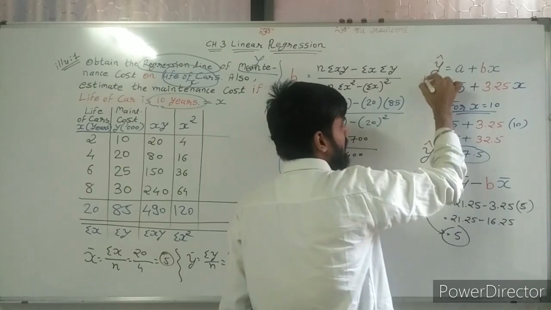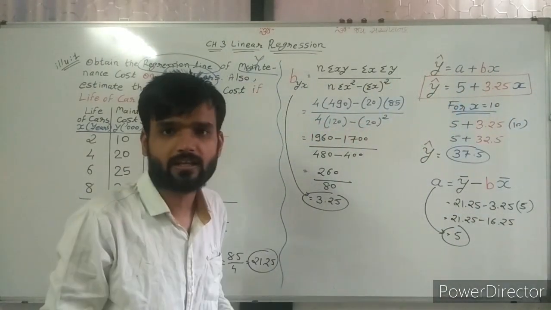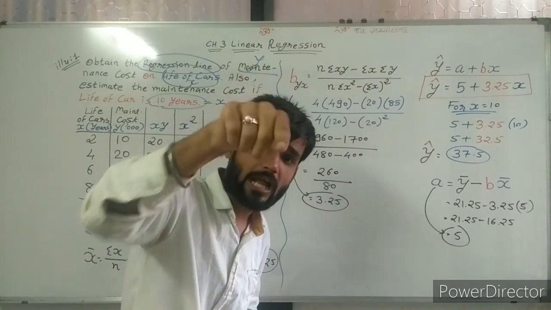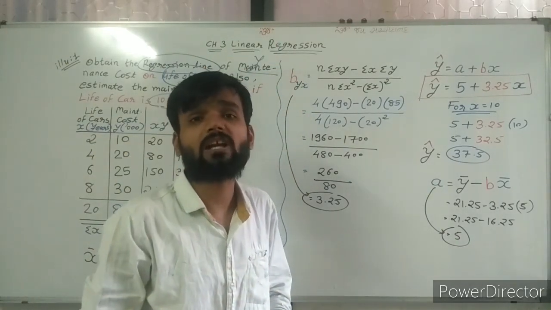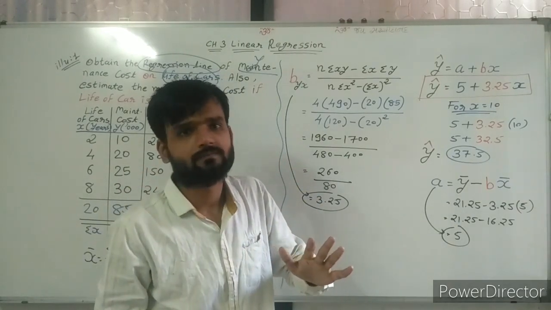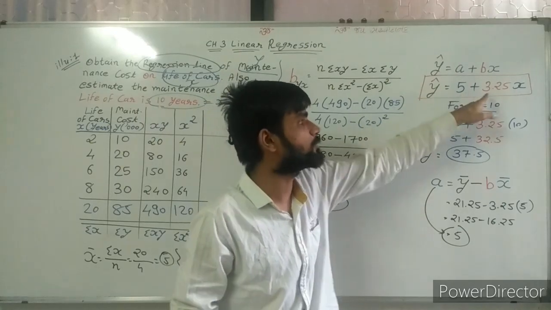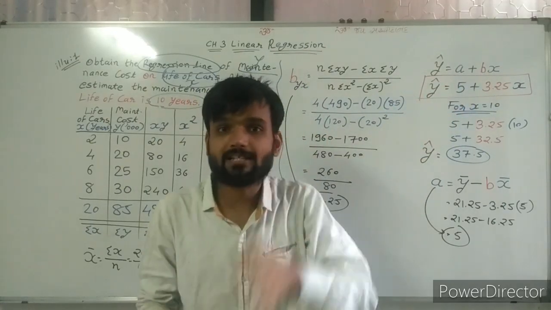Same way here, the regression line, y cap is equal to 5 plus 3.25x. And this is my regression line. In that we are writing y cap, nothing else. We cannot write y only because y is the original value.